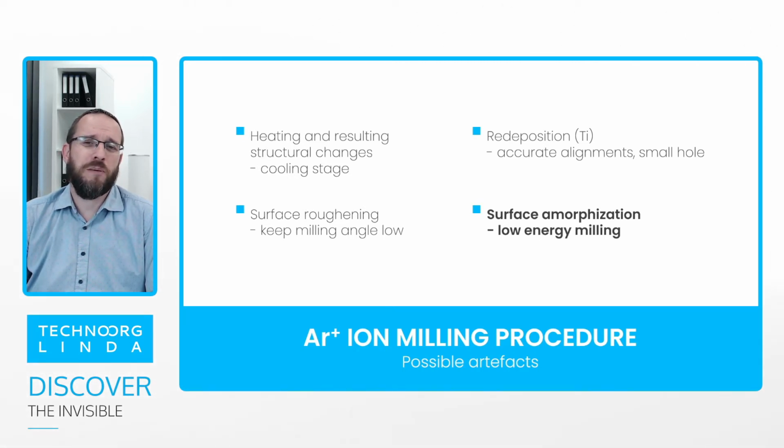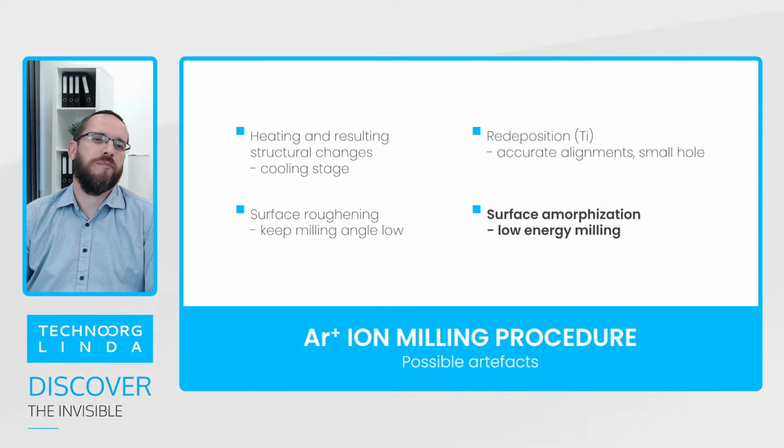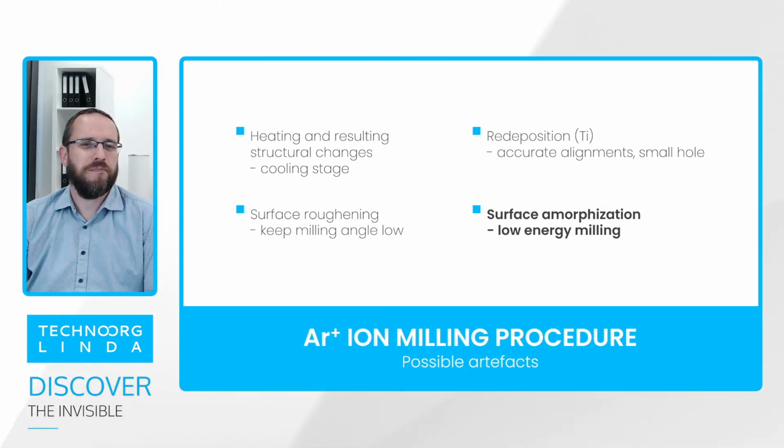Redeposition is also a common issue, but you can avoid that with accurate alignments, and if you keep the hole on the sample very small, that usually helps you to avoid titanium redeposition. Surface roughening is also an issue, but if you keep the milling angle low, that will not be disturbing for most of the samples.